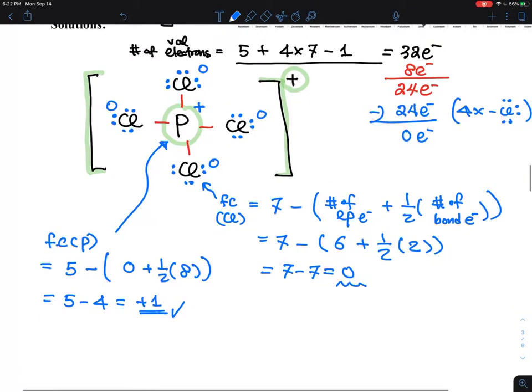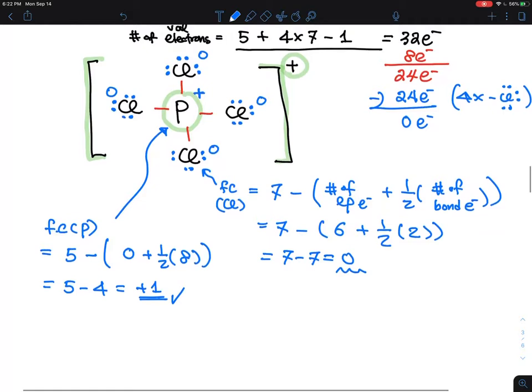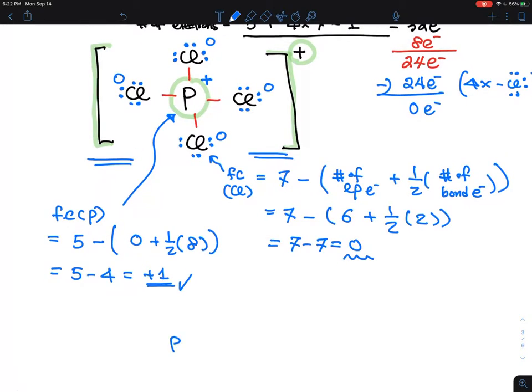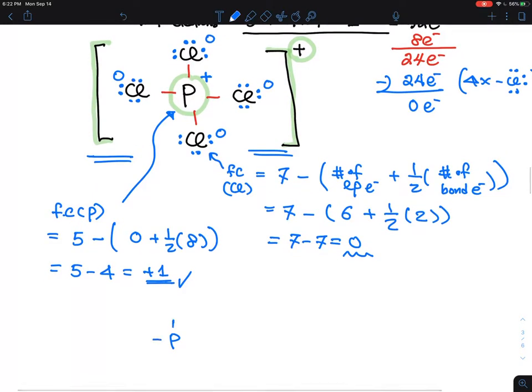This is probably the most stable resonance structure, and this is the answer. Some of you might be curious, saying, what about the previous lectures, where I have shown you pushing the lone pair electrons around?